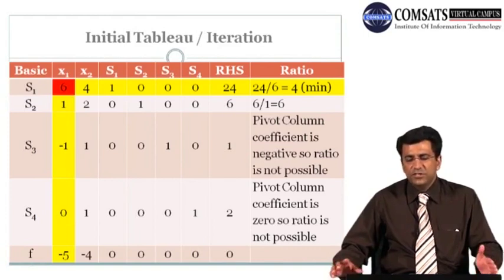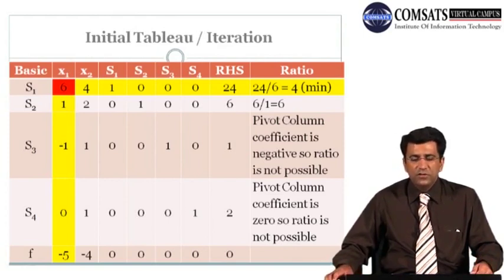So class, we have just discussed this particular table. There are two more values which we should have identified here, that is the entering variable and the leaving variable. Now how can we identify the entering variable? Again we'll have to refer to the pivot column, the corresponding non-basic variable, that is x1, against the pivot column will be our entering variable.